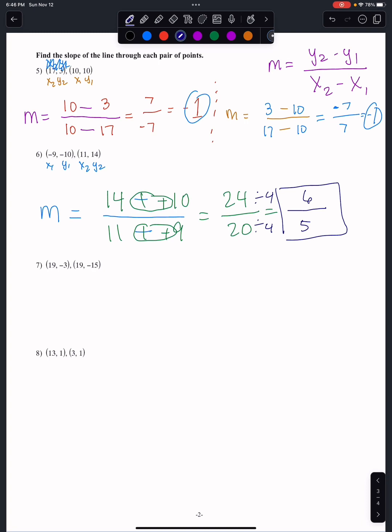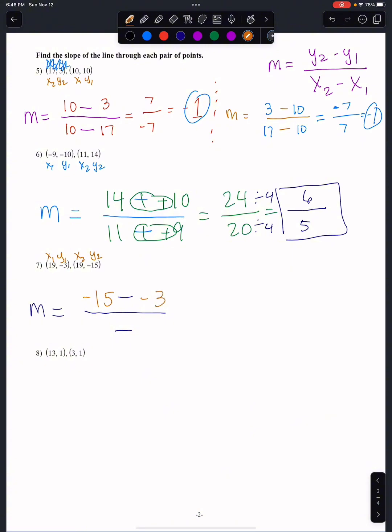All right, moving right along. Here we go again. Equals, put my line, minus. Now I got to go up here and I got to label my stuff. So I'm going to label this x1, y1, x2, y2. So my y2, negative 15. Y1, negative 3.